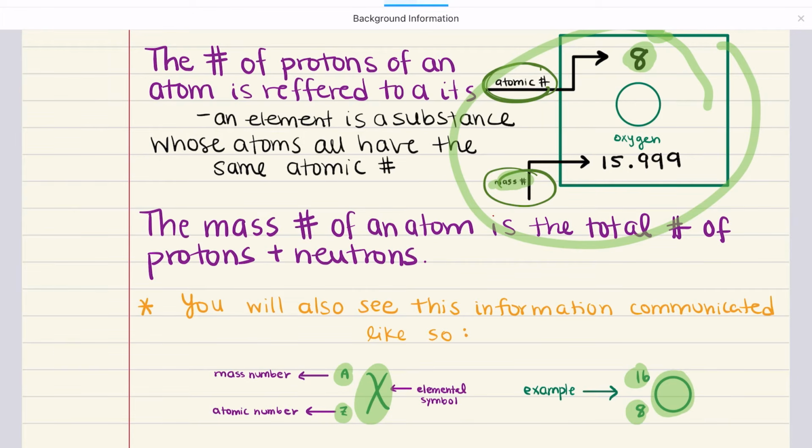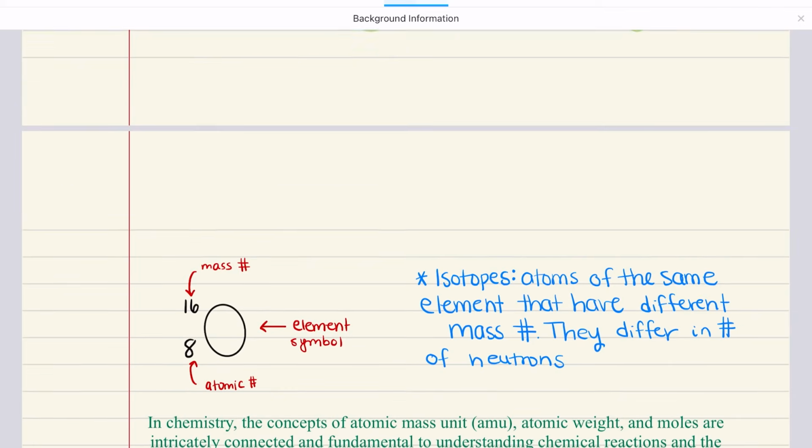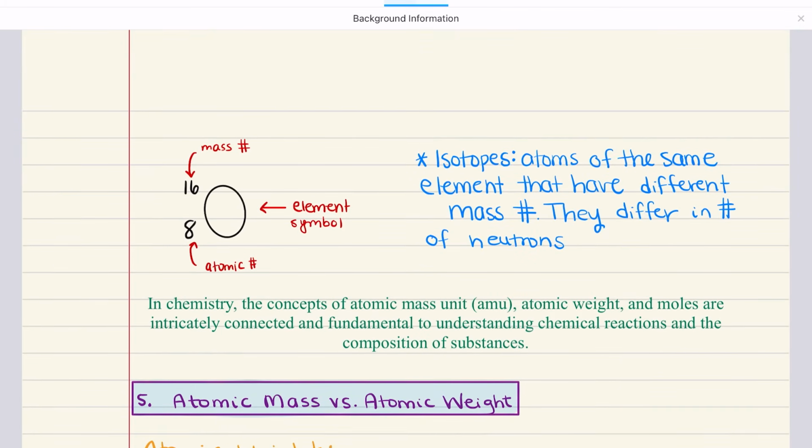Now, let's talk about atomic weight. This is a more nuanced concept. It is the weighted average of all the masses of naturally occurring isotopes of an element. Since isotopes of an element have varying numbers of neutrons, they also have different mass numbers, but the same atomic number.